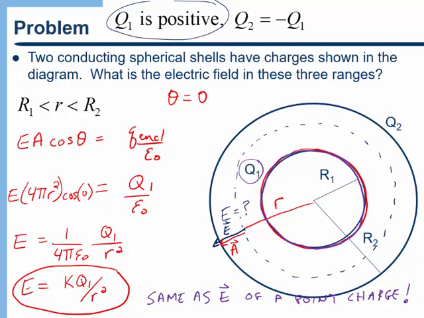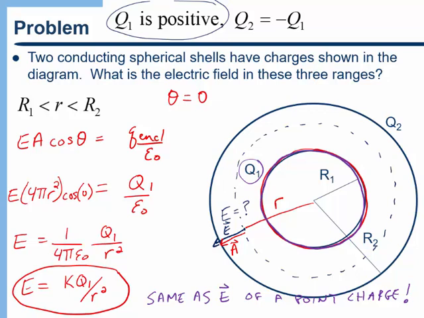By the way, you're already familiar with this concept from gravity. Remember, the force of gravity created by the Earth, we always treat it in first semester physics as if it's just all located right at the center. Once you're outside the surface of the Earth, it acts as if all the mass is right at the center. So the same idea here.